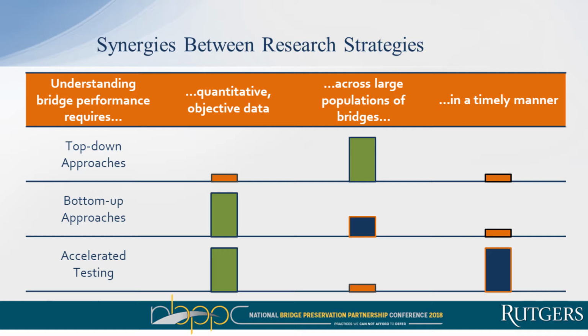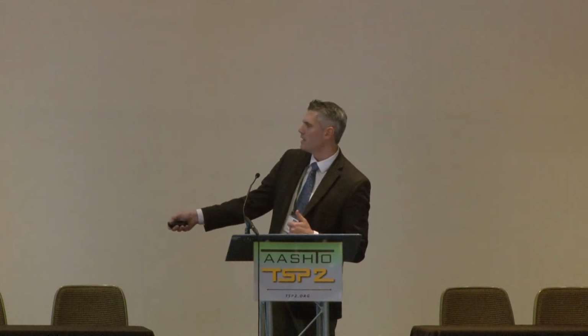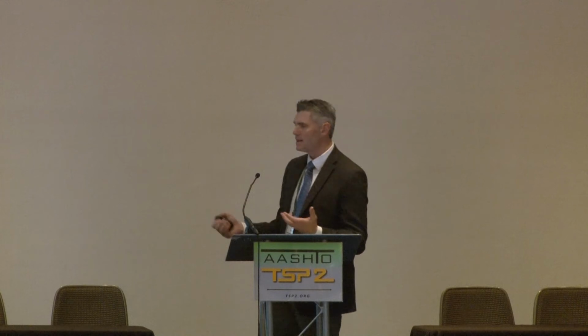We can also do a much better job in a timely manner. We are never going to do a good job across a large population of bridges, and that's where a group of different approaches, I think, is required. And so now I would argue we should read this column downward. Understanding bridge performance requires all of those approaches, because that's where we're going to pick up at least one in each of these columns.